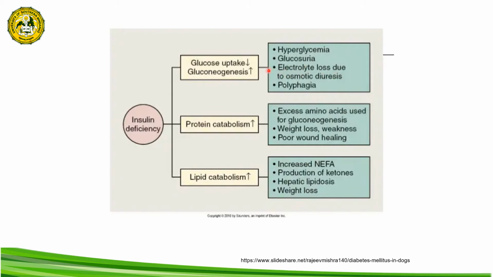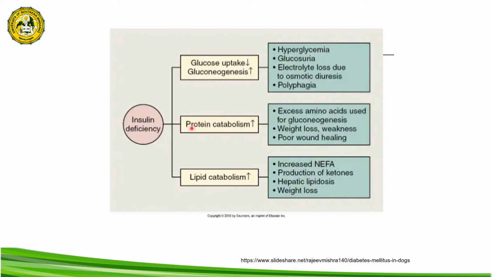So the sodium and potassium would normally be lost in the urine, and there will be polyphagia because there is metabolic starvation. So the cells won't take up glucose, so there will be starvation, so the body would tend to respond by polyphagia, or eating more, or consuming more food.